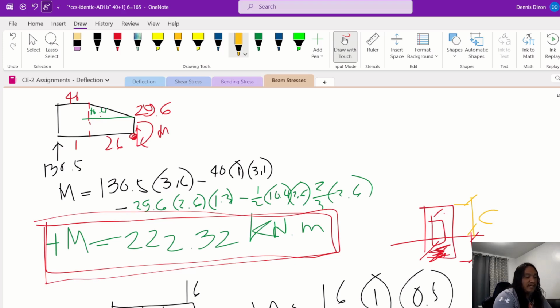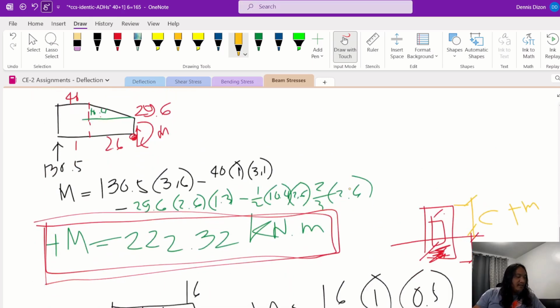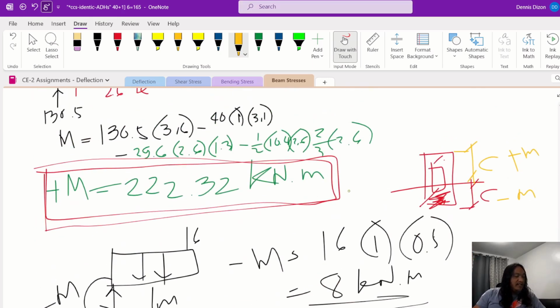This is for positive moment, and this one is for negative moment. But because of the difference, 222 versus 8, we will just use directly this one. I mean, we could solve for at the support location, but the difference between the positive moment versus negative moment is just too much, so we'll just disregard this one for now.